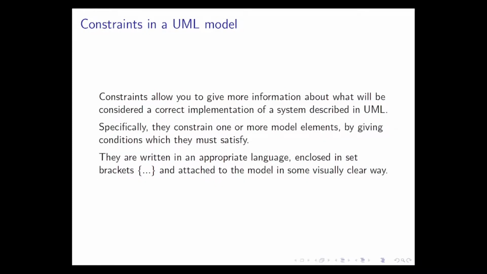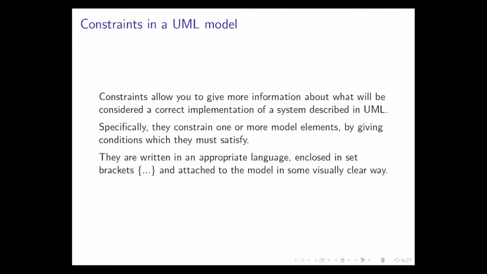Now, we've seen a little bit in passing before about constraints in a UML model, so I'll go through this quite fast, in fact. In particular, you read about OCL much earlier in the course, so I will definitely skim over that at this point. But constraints allow you to give more information about what will be considered a correct implementation of a system described in UML than you can do using the diagrams alone.